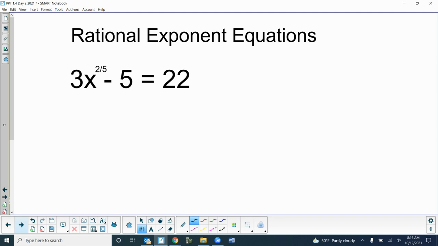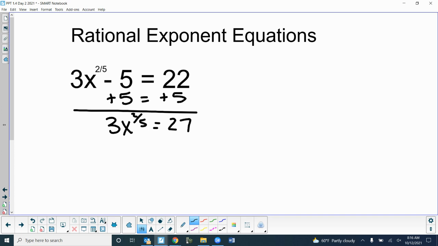We don't want to do that first. Just add the 5, just like normal. Just pretend there's nothing there for an exponent when you start. So we're going to add the 5. Divide by 3. Good. So we want to get the x alone.